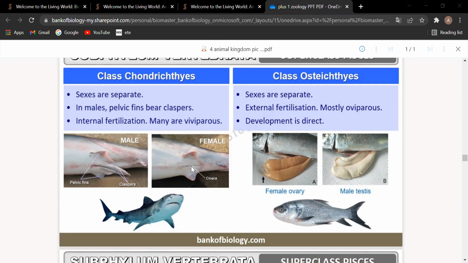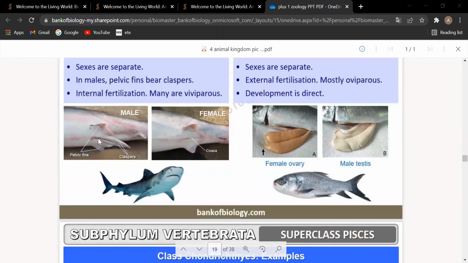Internal fertilization takes place in Chondrichthyes, whereas external fertilization takes place in Osteichthyes. They are generally viviparous. Osteichthyes are oviparous. Look at the difference between the male and the female. Here you can see the presence of claspers, and females will not have it. This is the female ovary.